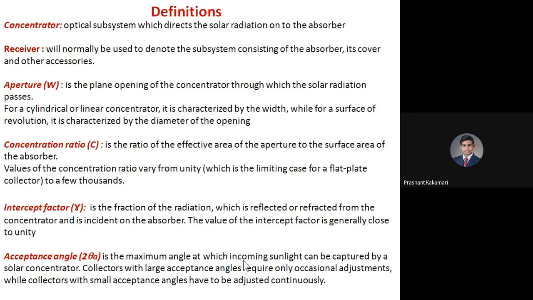So many times we are not using any tracking system for the flat plate collectors. But if you come to the paraboloid or very small aperture area concentrating collectors, in such conditions we need to continuously adjust the angle of the tracking system as well as the concentrating collector system.